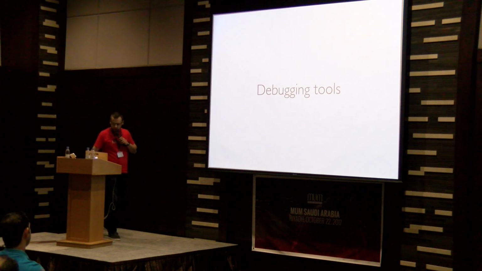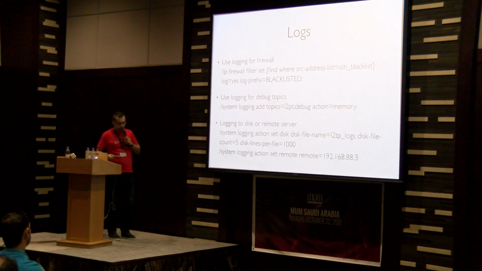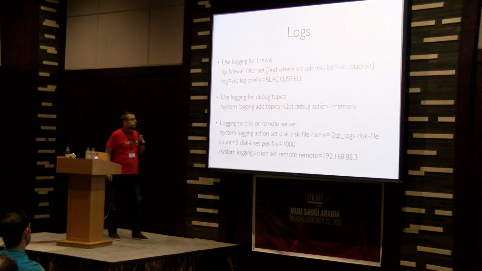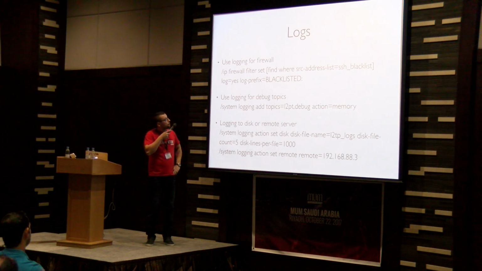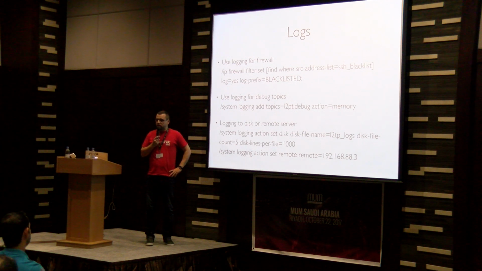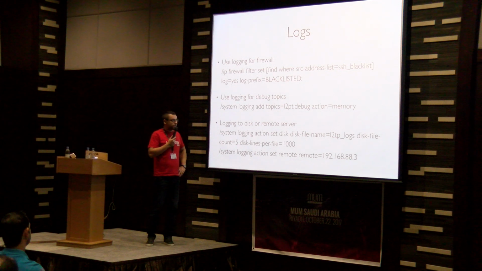So now about debugging tools. The main and most simple debugging tool is logging. For example, previously I was talking about an attacker on the SSH service, which we added to the blacklist address list.